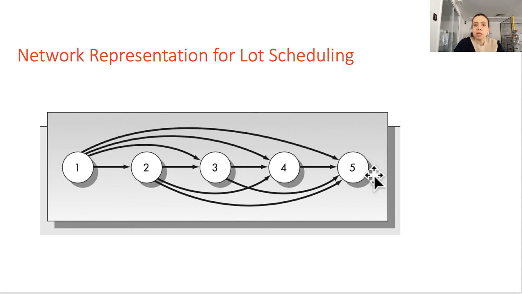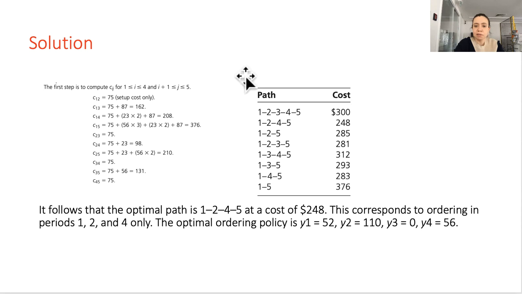We can solve an optimization model to find the shortest path from 1 to 5, or since this is a very small example, it is possible to calculate the cost of all the paths as given in this table, and we can check which path has the least cost. When we check this table, we see that 1, 2, 4, 5 has the least cost with $248.